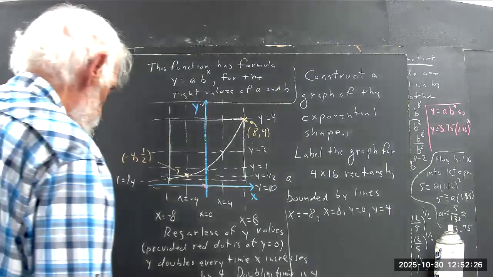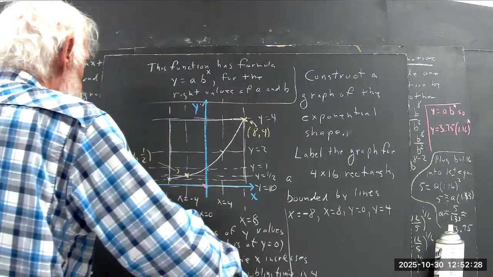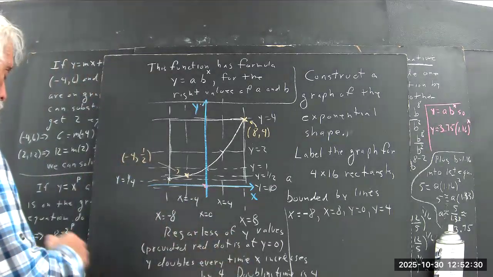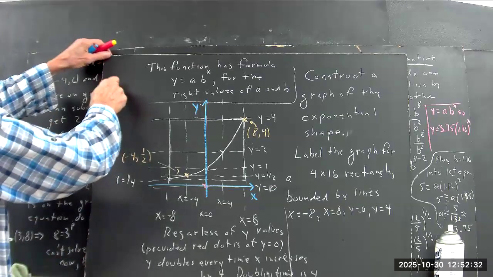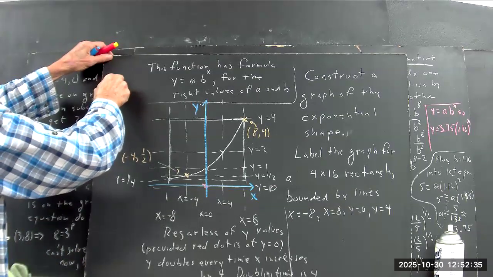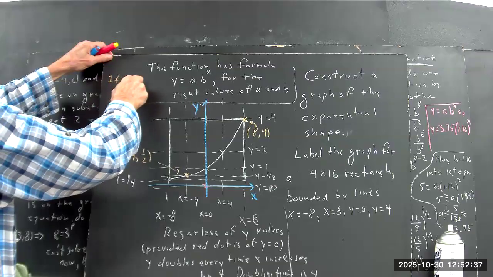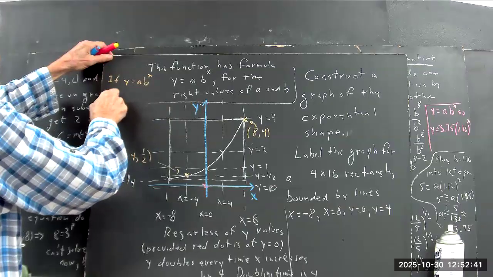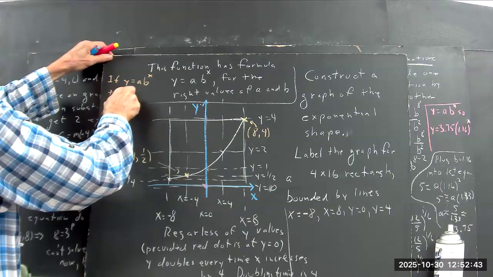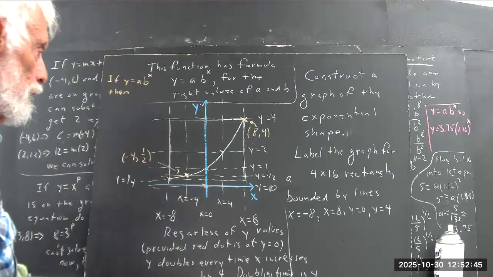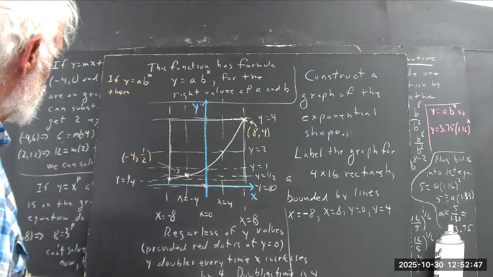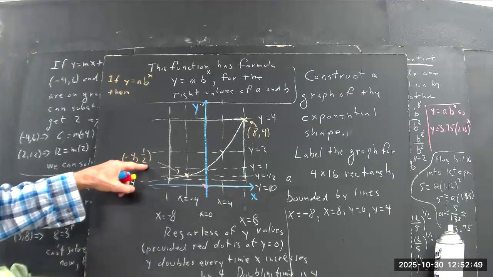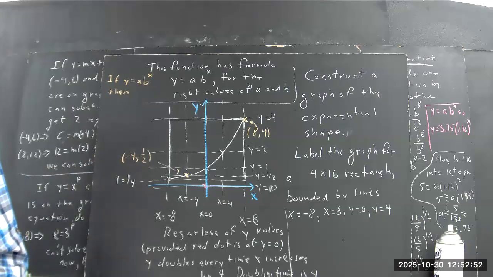I can say if y equals ab to the x, then, well, y is equal to 1/2 when x equals -4, right?